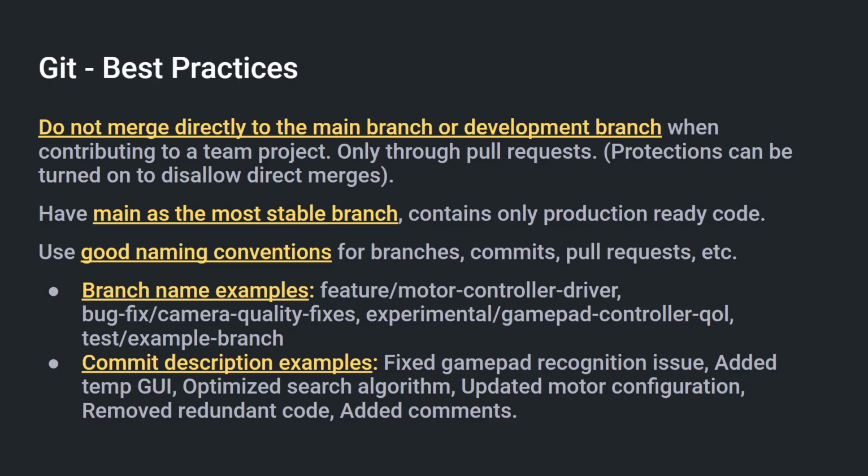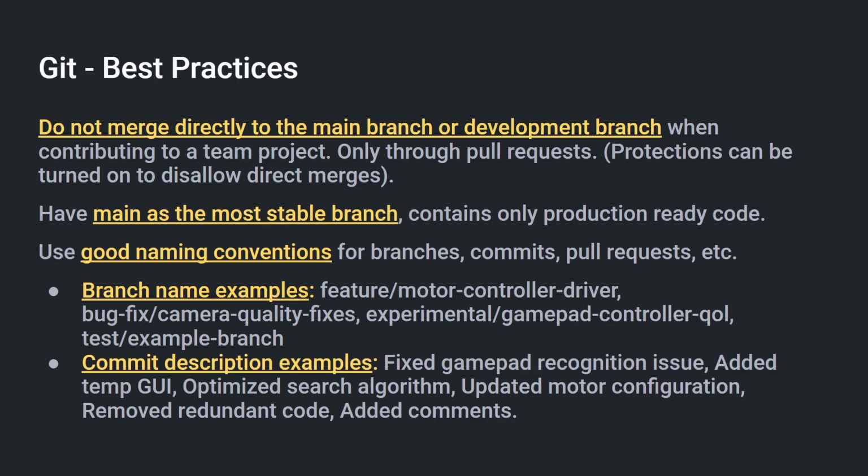And protections on GitHub can actually be turned on to disallow direct merges to branches so that you don't have to worry about people merging directly to your main or development branch. And then again, you want to have main as the most stable branch that contains only production-ready code.